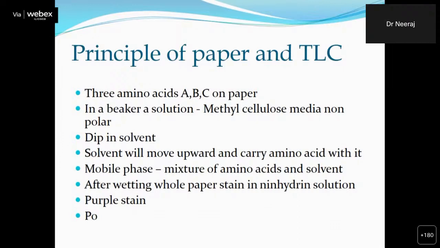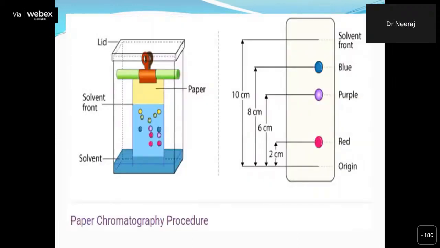I am showing you the diagram. This is the solvent, carboxymethyl cellulose, which is non-polar, and this is the paper dipped into it. There are three amino acids, blue, purple, and red, A, B, C. Now you can see the capillary action: the solvent moves upward, some remain on this side, some move further up.